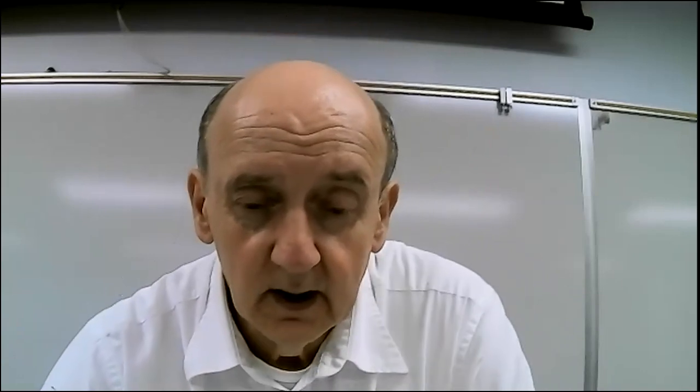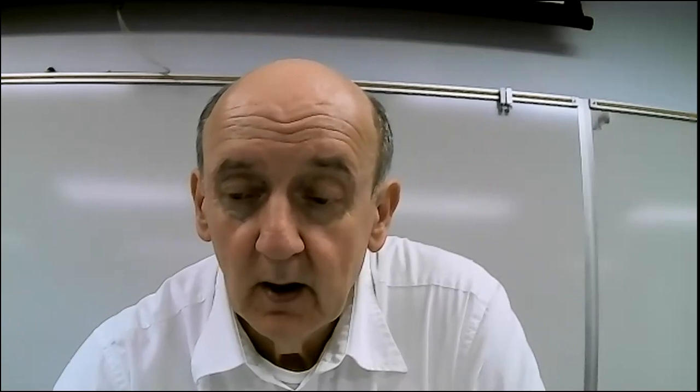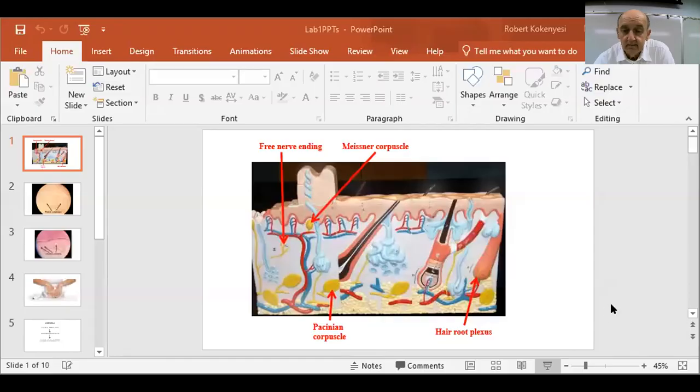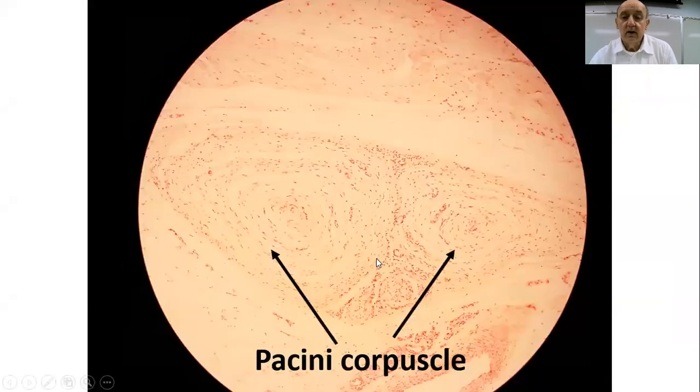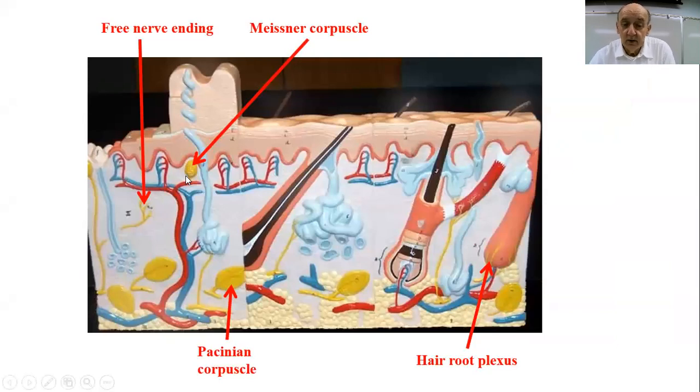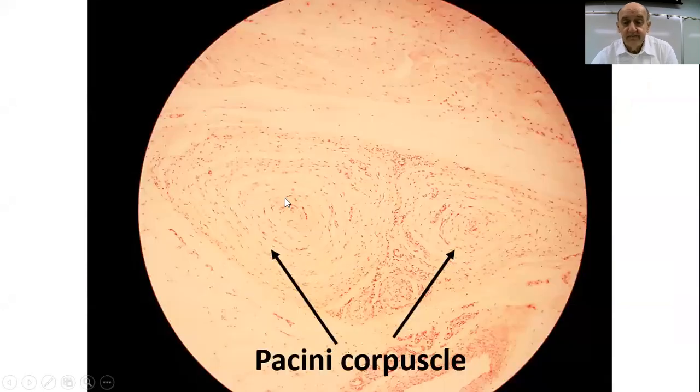We have had the model, and let me go back to the screen share here. You're supposed to recognize these sensory receptors from a skin model and relate them to stimulus, structural classification, and location. And then we do have two microscope slides. The Pacini corpuscles show up in cross-section as two lumps. Here's one, here's the other one.